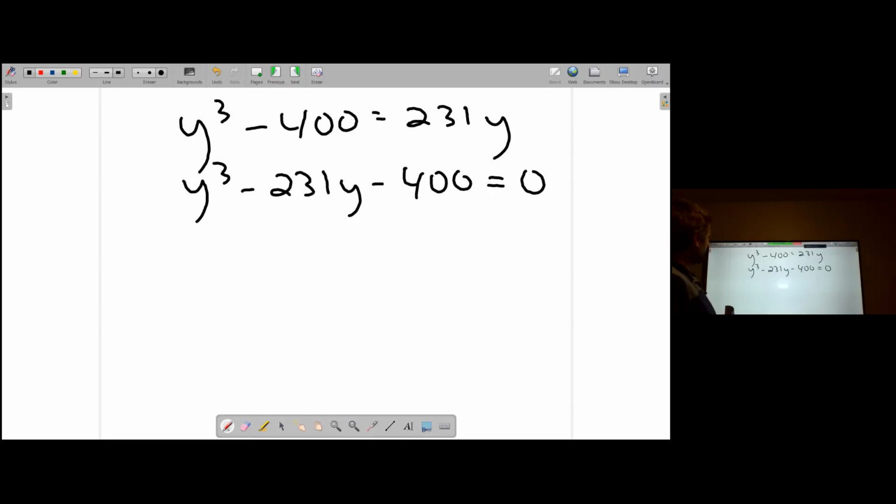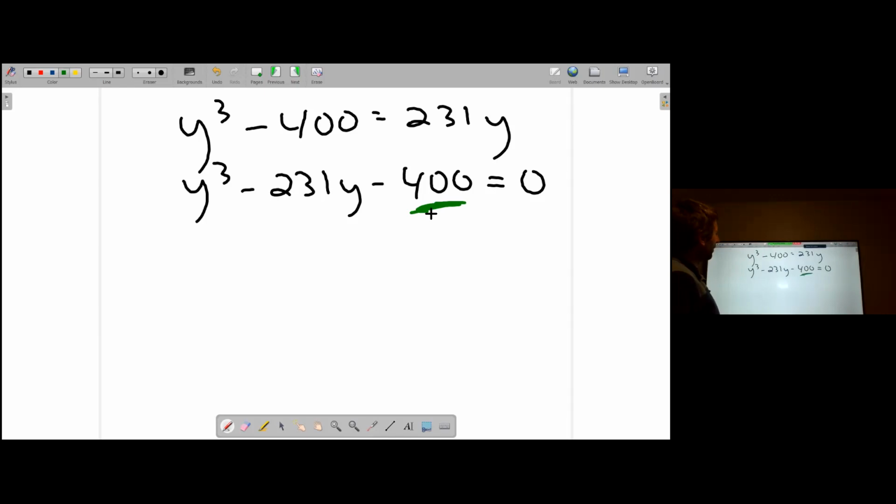Well, we've got a lot of factors here, so we might use the PQ method. We've got a lot of factors of negative 400 to try. But it seems reasonable that we're looking maybe for some positive solutions.